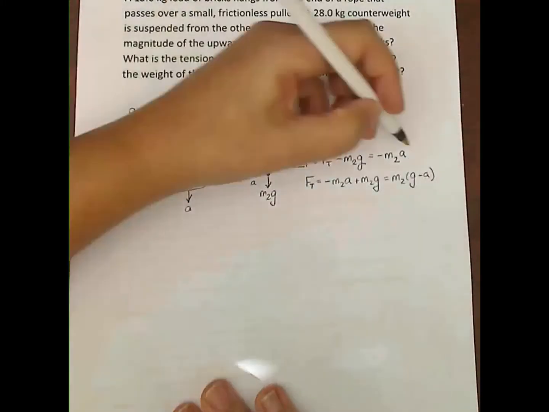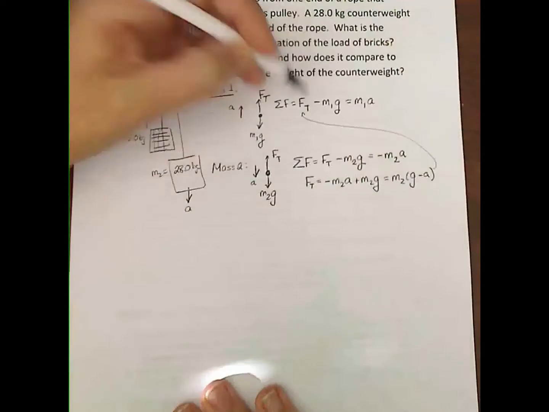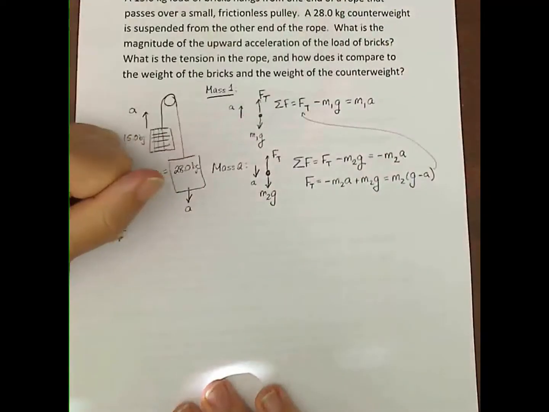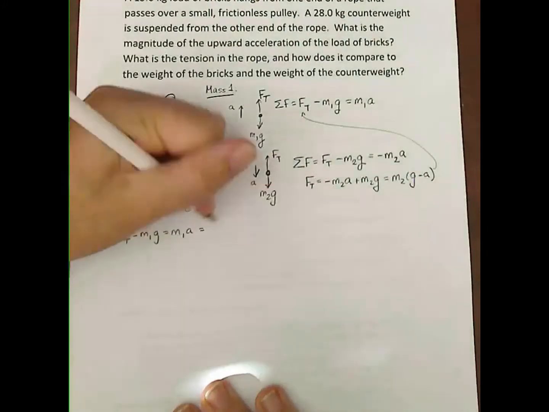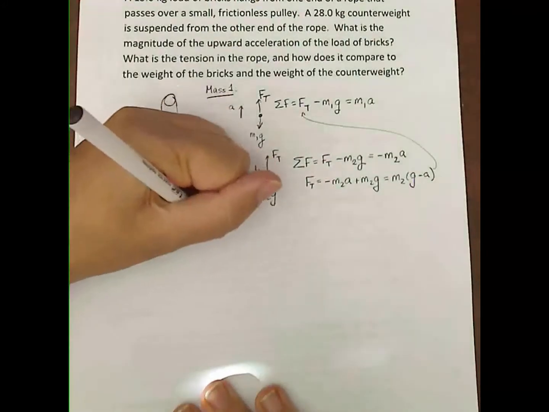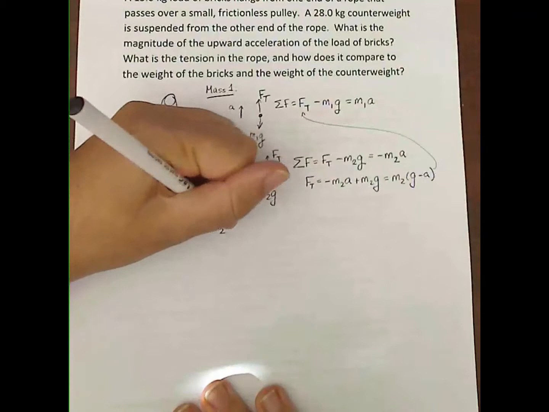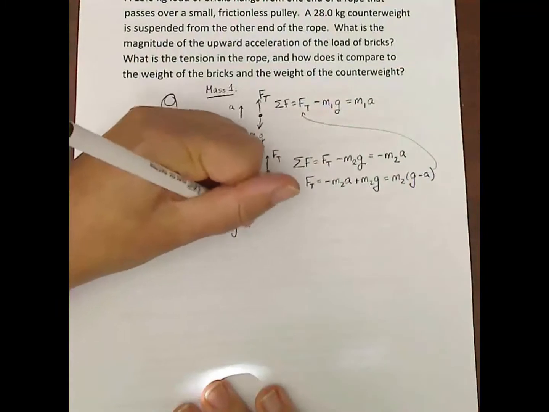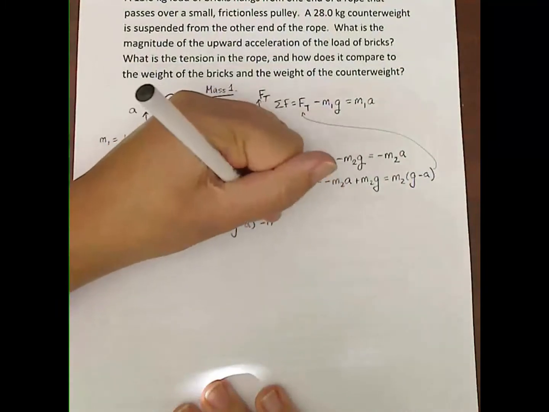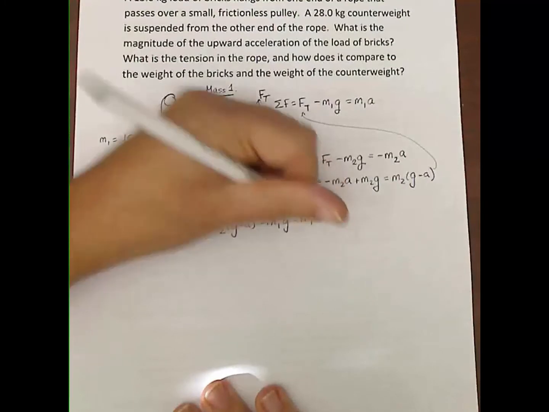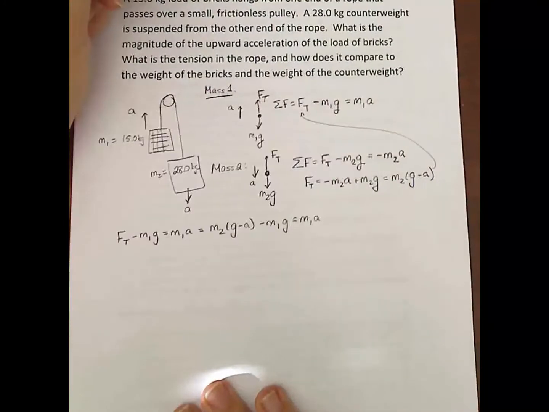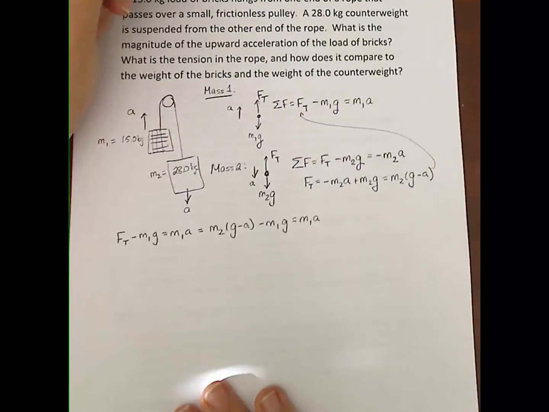Now I can take that and put it into my top equation. So I've got Ft minus M1G is equal to M1A. And I'm going to plug in that the force of tension is M2 times G minus A. And now I want to solve for the acceleration. So I want to get all the terms with acceleration over to one side.